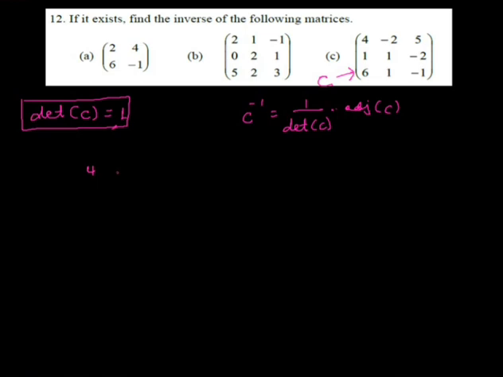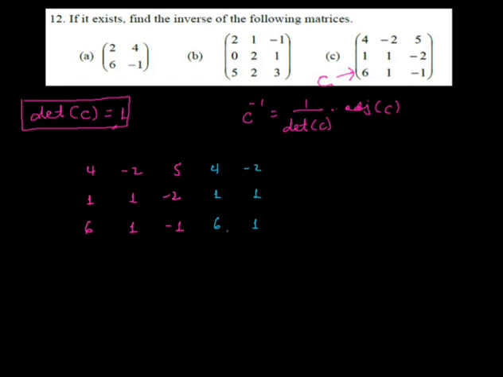The matrix is 4 minus 2 5, 1 1 minus 2, 6 1 minus 1. Okay, then what do we do? We rewrite the first column and second column, that is 4 1 6 and minus 2 1 1.